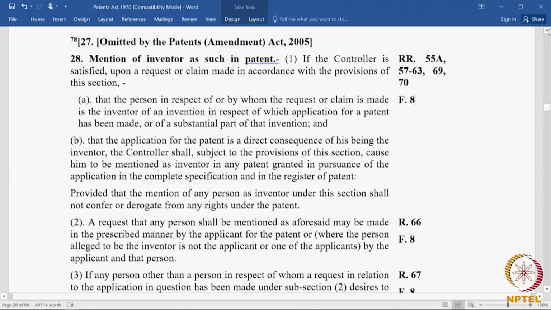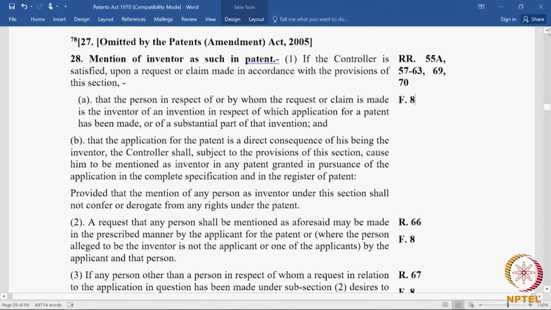That is the requirement under law, that an inventor should have some connection to the creation of the invention. That is why you find in 28(1)(a) there is a mention of the person being an inventor of the invention or of a substantial part of that invention, which means the creation of the invention was a group endeavor. There were others too, joint inventors, and together they came up with the invention.